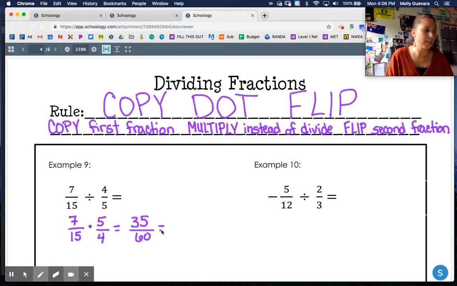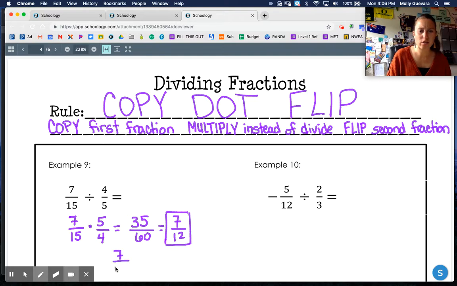And then I can reduce this by dividing by 5. So 35 divided by 5 is 7, and 60 divided by 5 is 12. Boom. Again, you can do that shortcut.